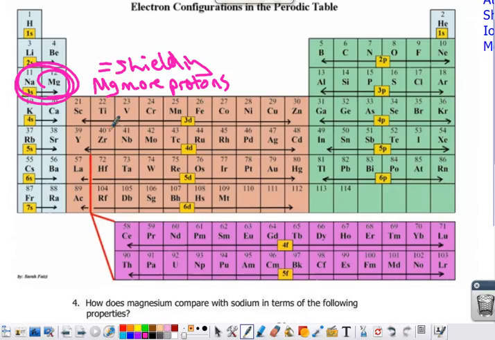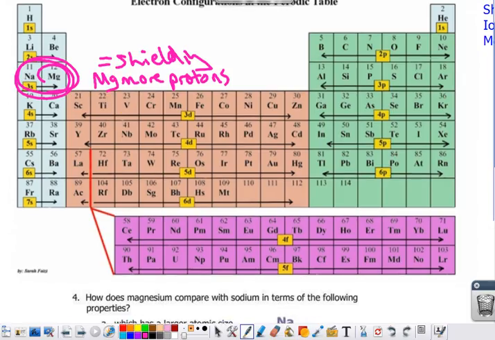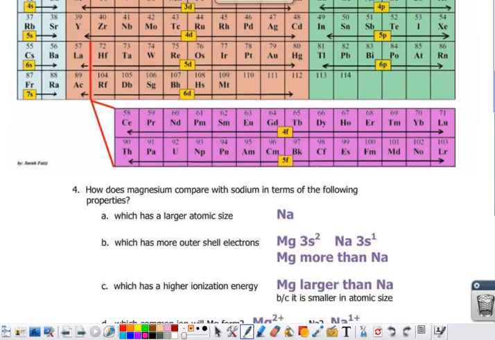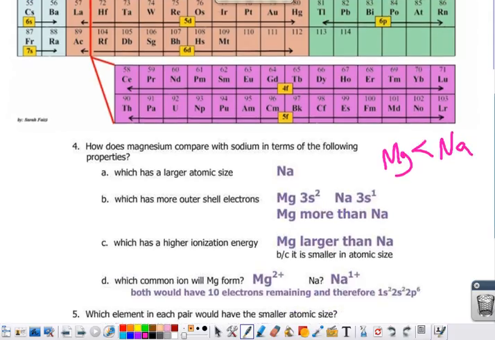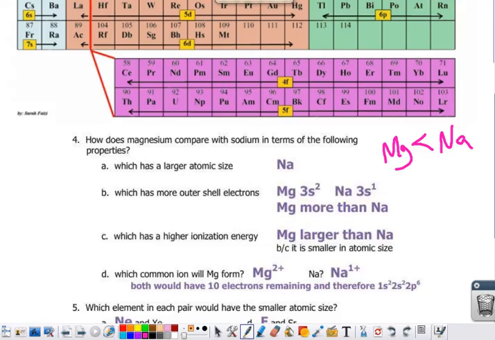Magnesium has more protons, so it's going to actually pull its electrons in a tiny amount. The magnesium would be smaller in size. Magnesium would be less than sodium, because magnesium has more protons to pull its electrons in.